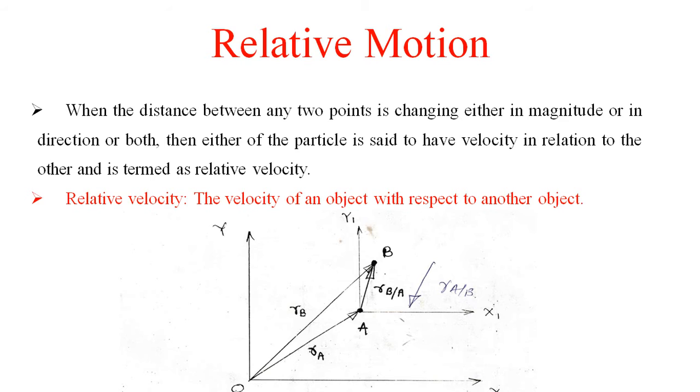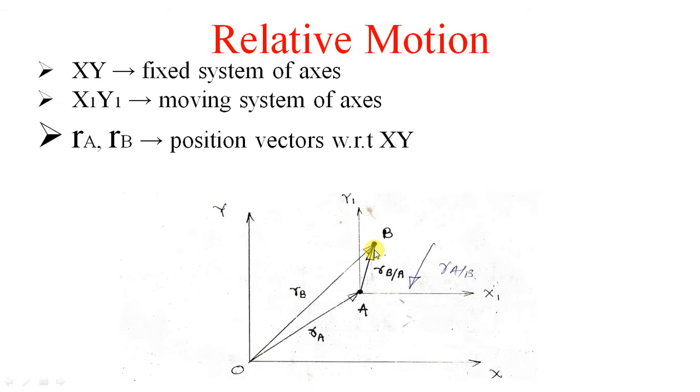If you observe this figure, xy is the fixed reference system of axes, and x dash and y dash, or x1 y1, is the moving system of axes.